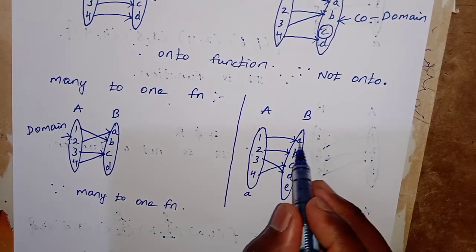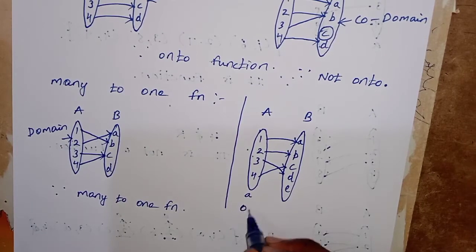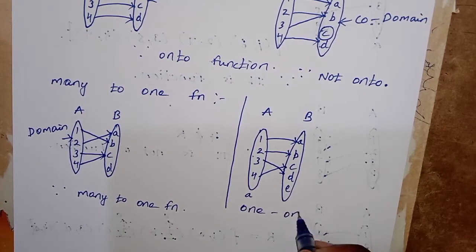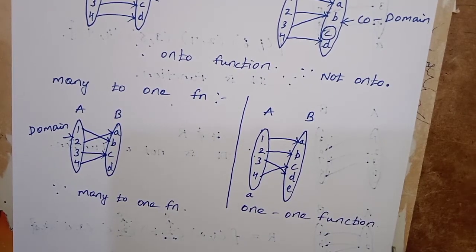Therefore it all has only one image, so here it is a one-one function. I hope you understood.